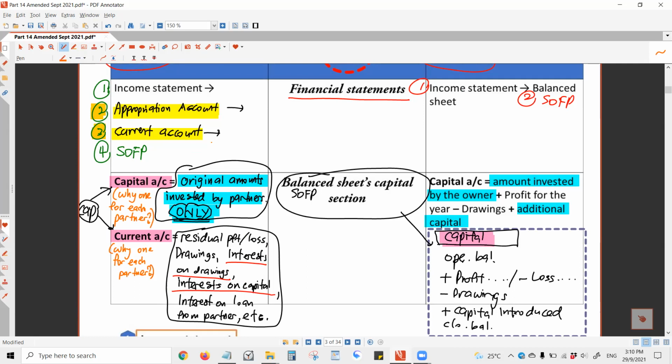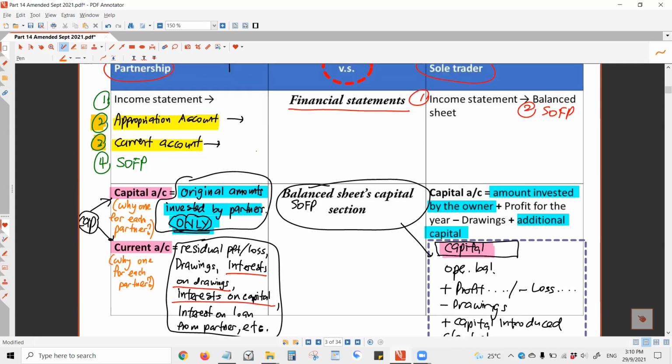Do you remember what interest on capital is? It is used to reward the partner, right? Because they invested capital into the business, partners deserve interest on capital.